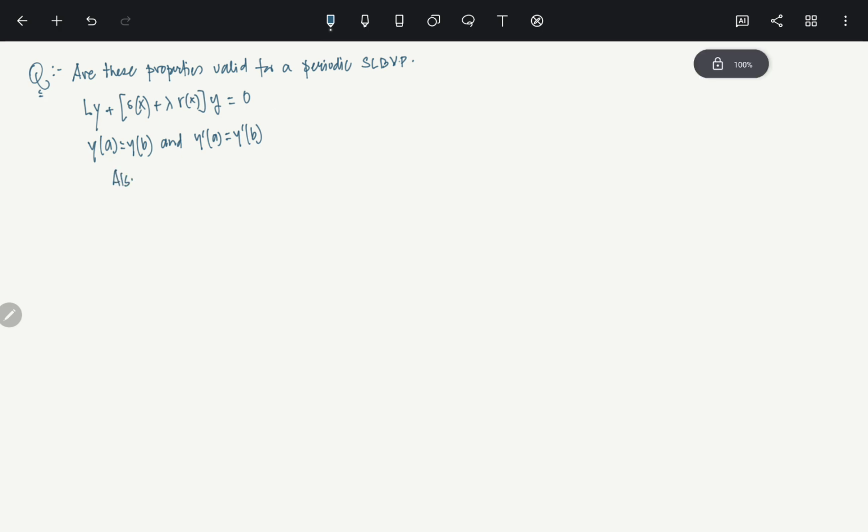There is a p of x which is included in L. If you remember what L is, L of y is nothing but the operator d/dx of p d/dx plus q.